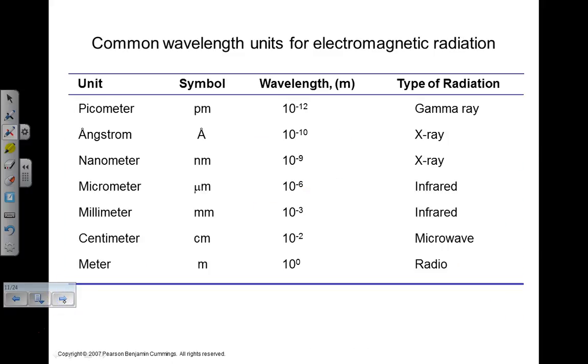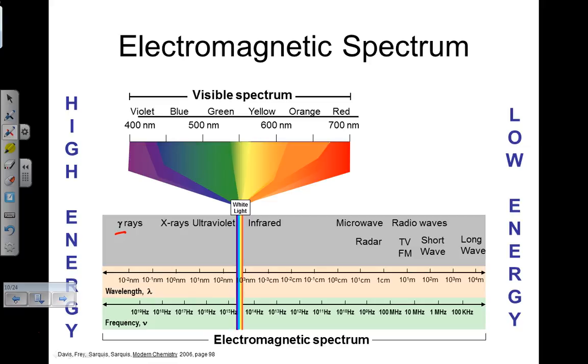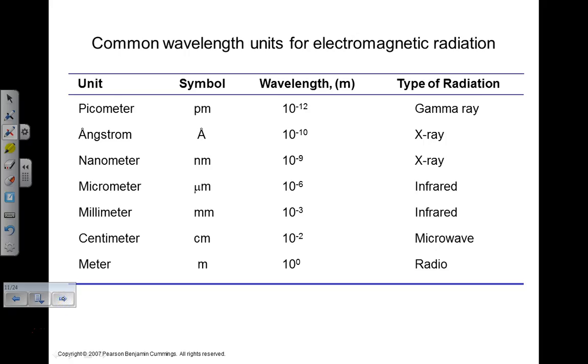Now you'll notice that on some of these slides, you'll see things like nanometers. Okay, well, unfortunately, you're going to have to be okay with converting, and you're going to have to understand that the unit of wavelength we usually measure in meters.